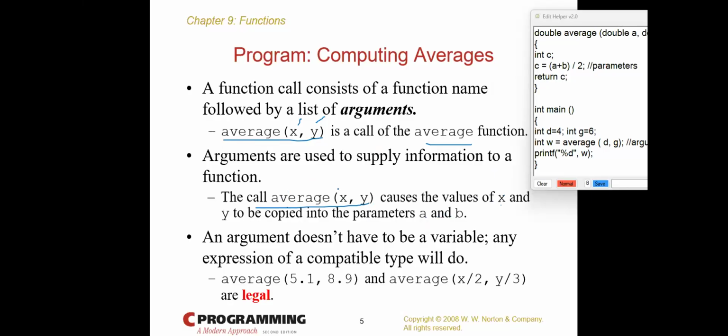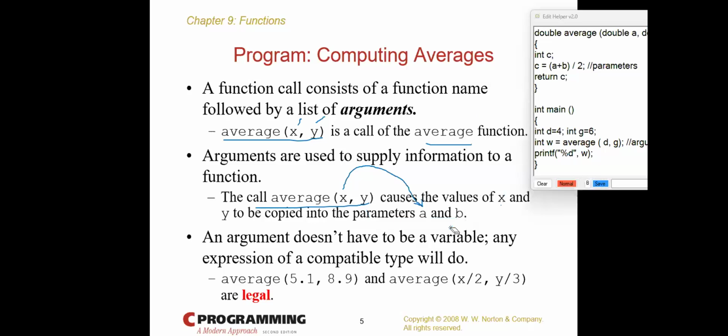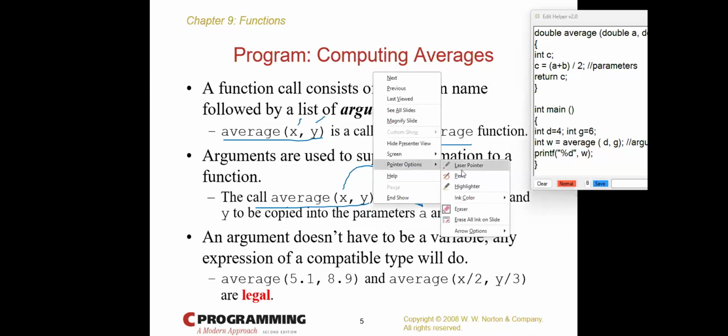X, which is the first argument, goes into the first parameter. This is important, not into the second, not into anyone. It goes into the first one, and the value in y goes to the second one. Please keep this in your mind.